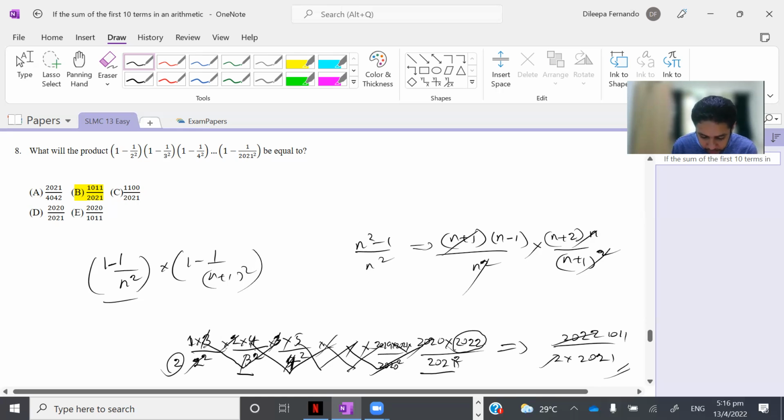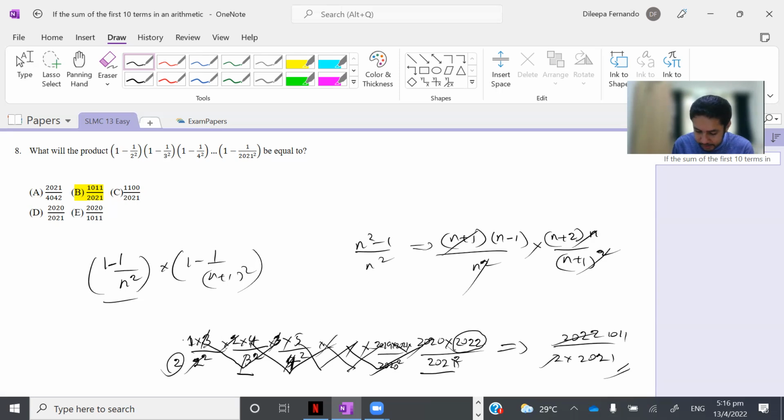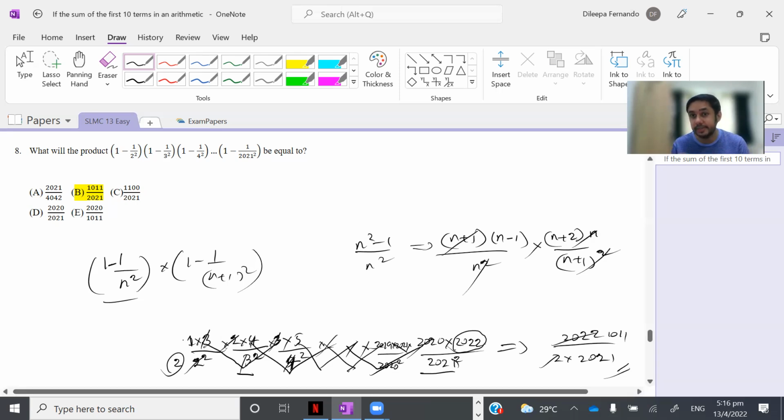So let's consider it again. For each square term, there is a similar term on the left side and the right side, so these are cancelled out. And we just need to find the last 2 terms, the starting term and the final term. In the starting term, there's no one to cancel out, like this cancels out from only one side.